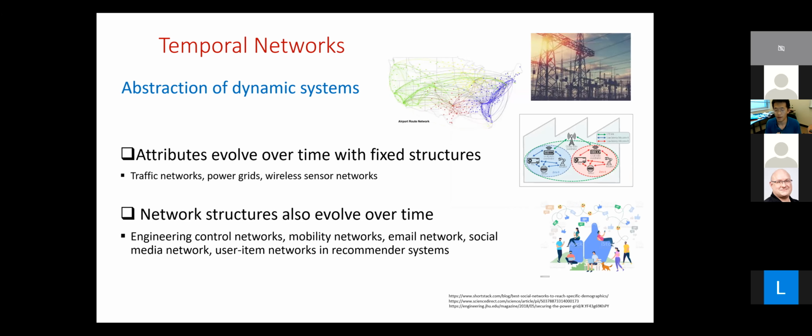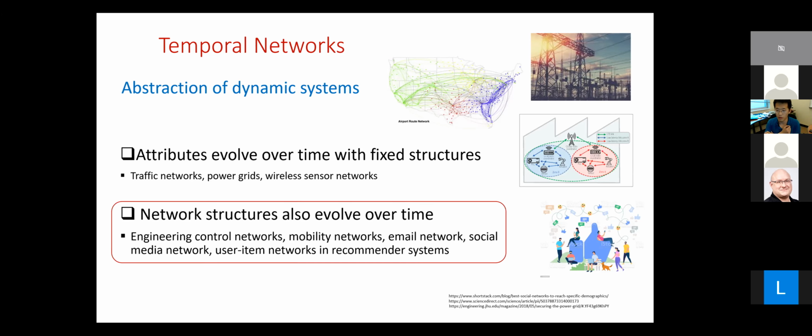The second type is where we expect the network structure also to change over time, and this will be our focus today. Particularly, we will focus on the case when the network structure evolves over time.